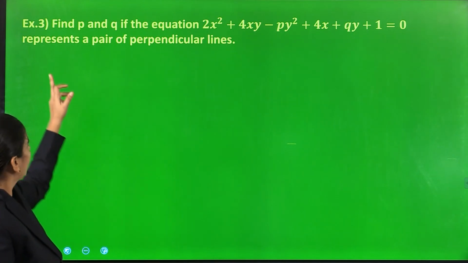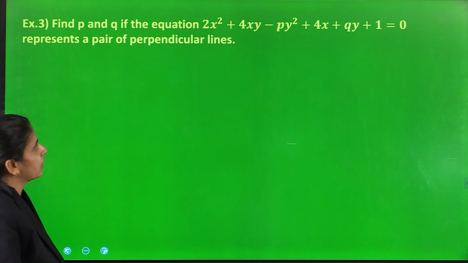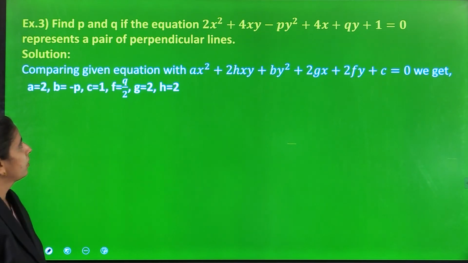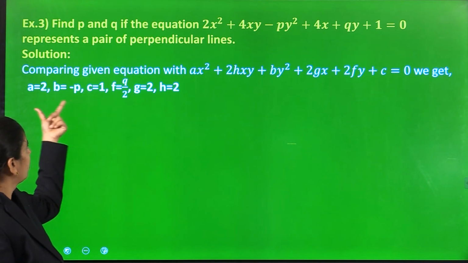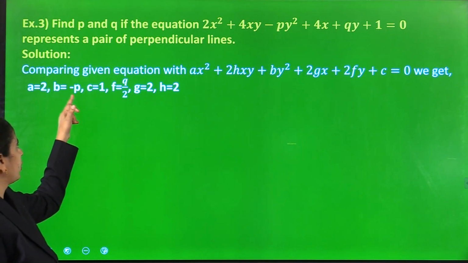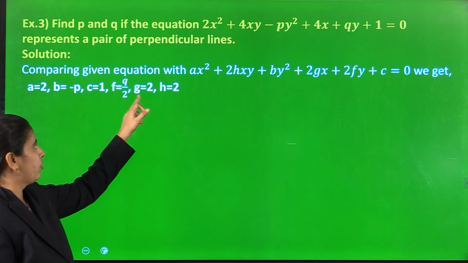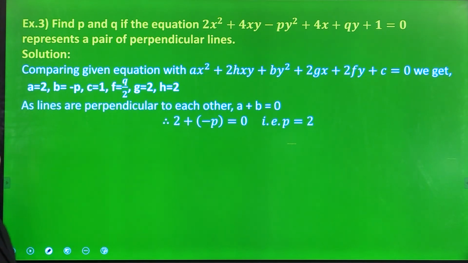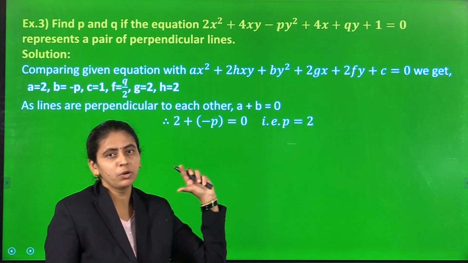Then after putting p equal to 2 in the necessary condition you can find the value of q. Comparing the given equation with the standard equation, we get a equal to 2, b equal to minus p, c equal to 1, f equal to q by 2, g equal to 2 and h equal to 2. As the lines are perpendicular to each other, we found p is equal to 2.